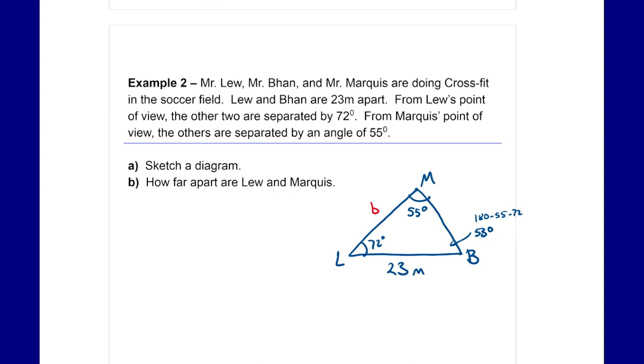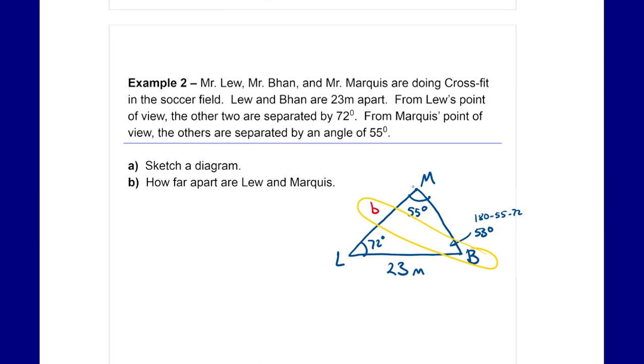I can look to see if we have a sandwiched angle, but I don't have two side lengths, so it can't be a sandwiched angle. I don't have all three sides, so it can't be SSS, so I can't use cosine law. So I have to use sine law. Because I'm trying to figure out how far apart Liu and Marquis are, I want to find that side, so that is going to be one of my pairs: the angle of 53 and the unknown side b.